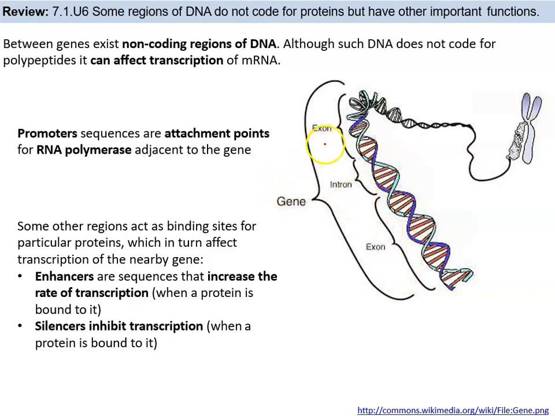And if you remember, I told you that exons are extremely important, so will be kept, but introns will be removed. And also we have some enhancers and silencers before each gene, which have the effect on the amount of the transcription and the copies coming out from that gene.